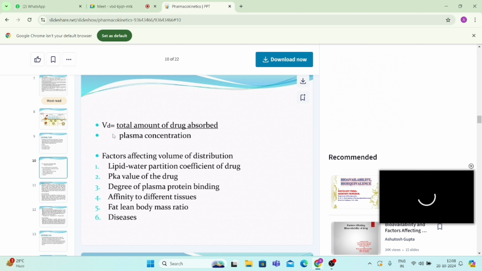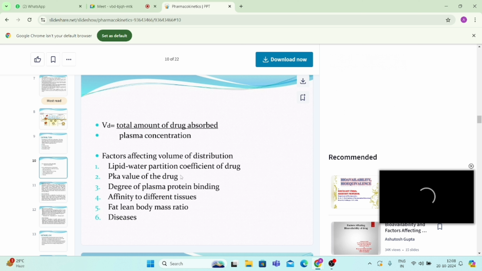Please make a note. Volume of distribution is very important, and there are different factors which are going to affect it. What are the factors? One is the lipid water partition coefficient of the drug. I think you might have studied these in pharmaceutics.